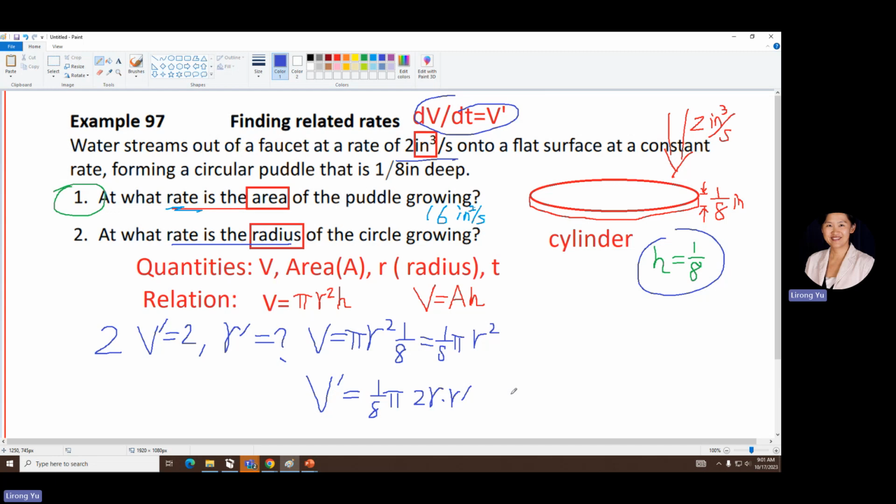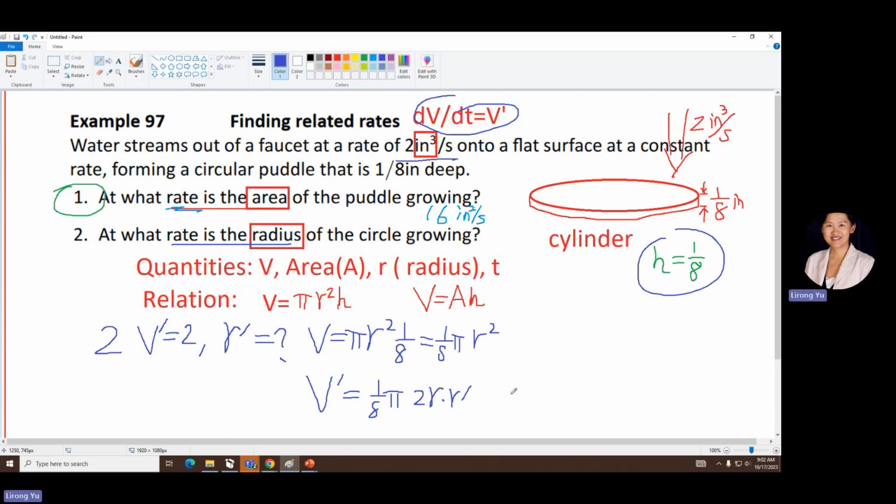So we're trying to find out what is the r prime in the question. Now we're going to plug in any information we already knew. We have the V prime equal to 2, and we're trying to find the r prime, but what r is, is a question.